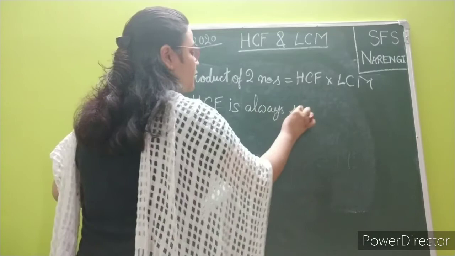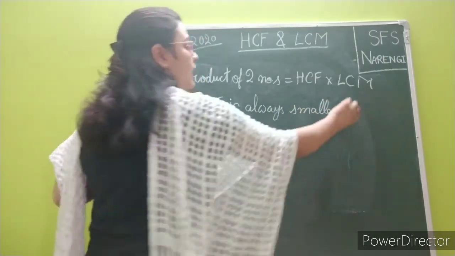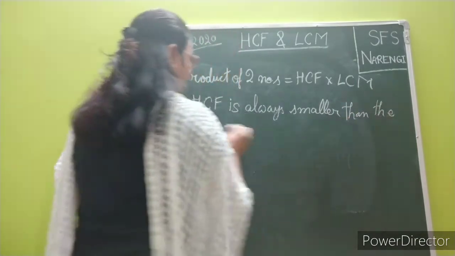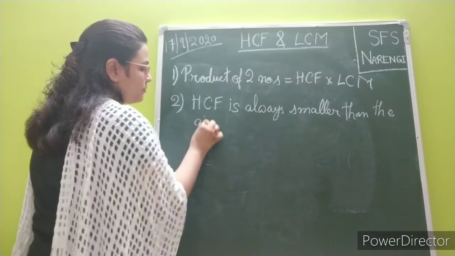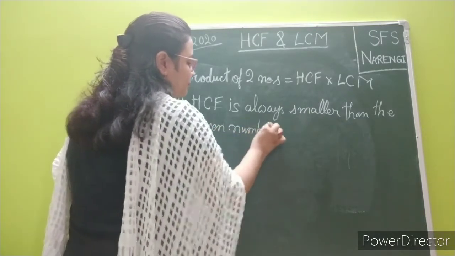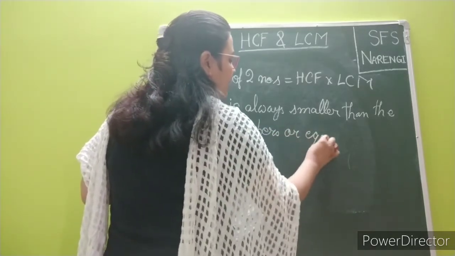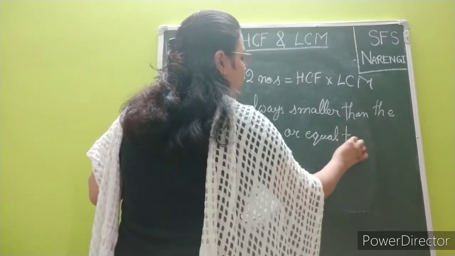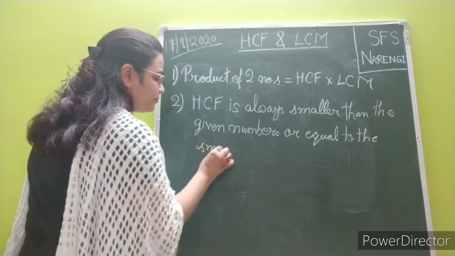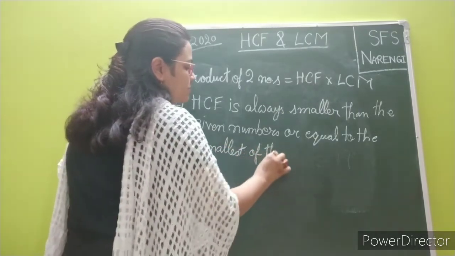It is always smaller than the given numbers, or it will be equal to the smallest of the given numbers.